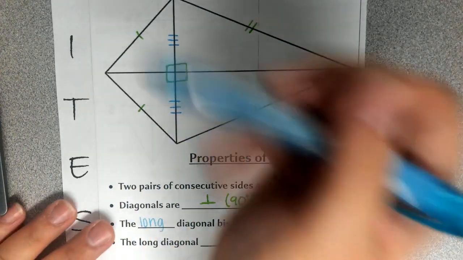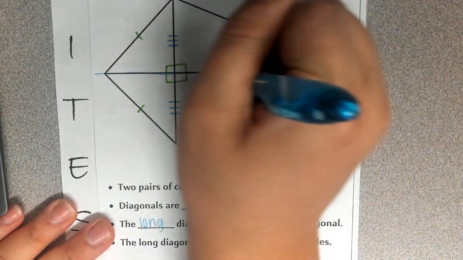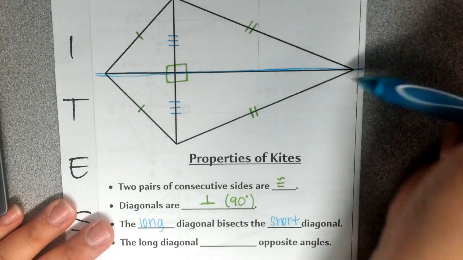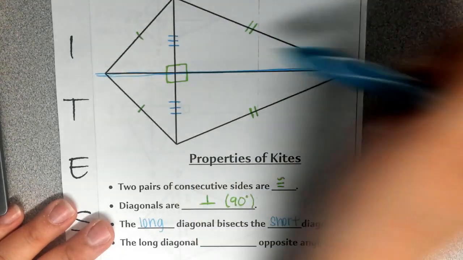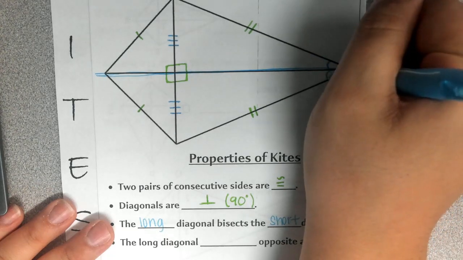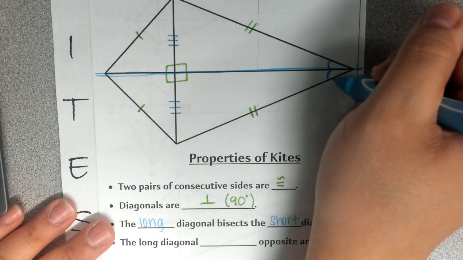The whole kite. Do y'all agree that if I were to draw this line right here, the top is the exact same as the bottom? This is a line of symmetry. The long diagonal is symmetrical. Because of that, it also bisects these angles. That angle is the same as that one.